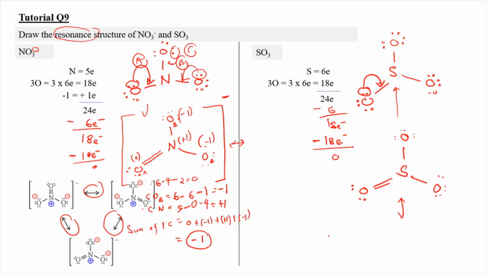So you can pick this, ini step A, ataupun kamu nak buat step B. Kamu nak buat lone pair dari sini untuk menjadi double bond. So this is also acceptable. Or you can also use the C way. You want to make a double bond on this side here.